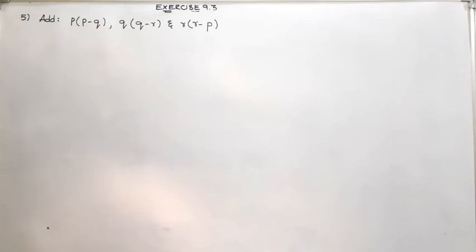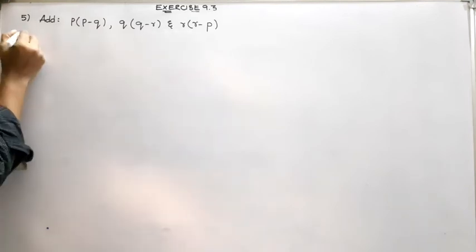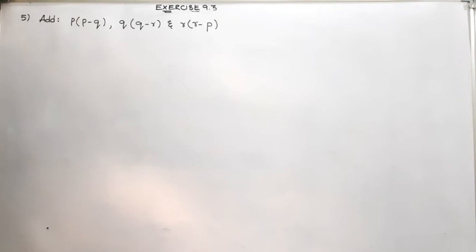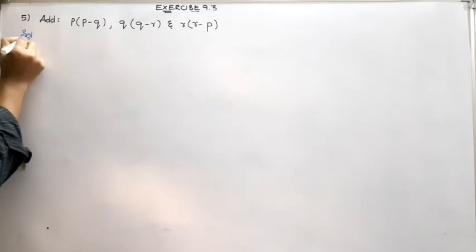Now the 5th Roman: add P into P minus Q, Q into Q minus R, and R into R minus P. So very easy, as we have to find the sum of these algebraic expressions.